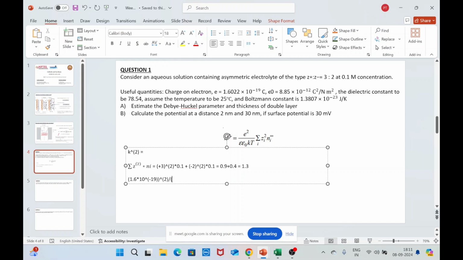Epsilon naught is 8.85 times 10 to the power minus 12.